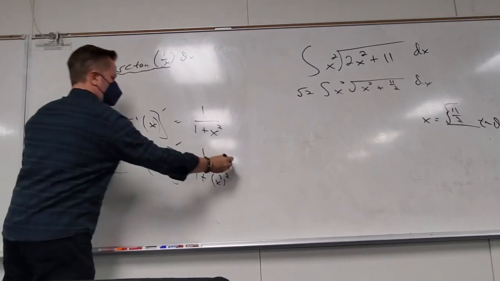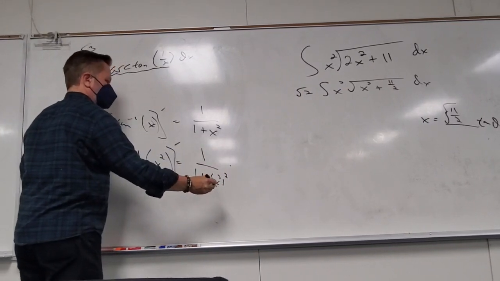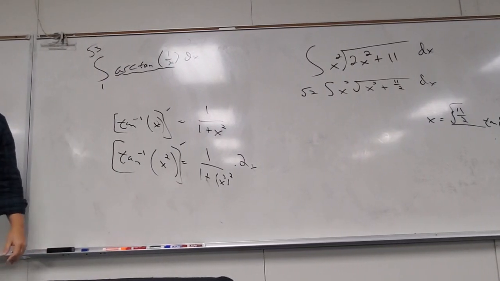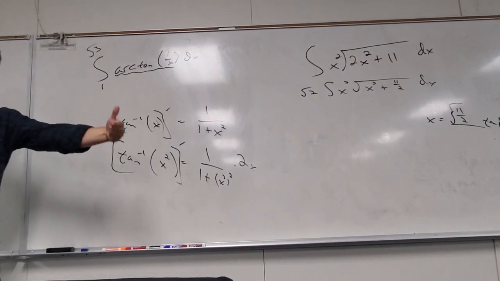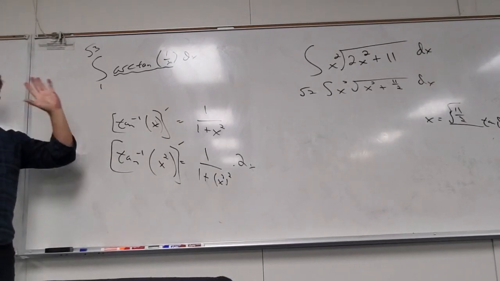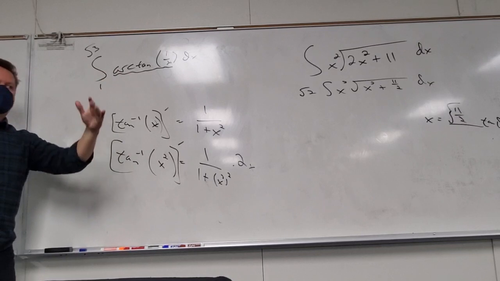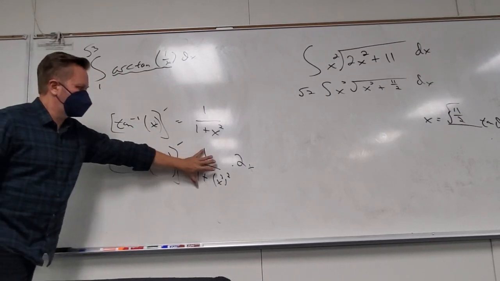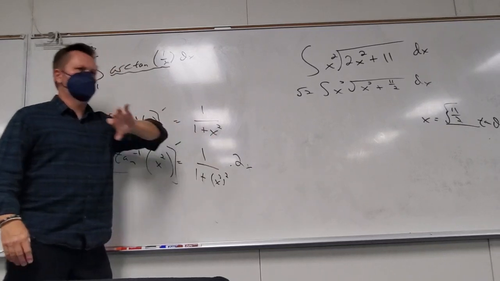Times the derivative of the inside. It's something that people don't quite get about chain rule. There's a rule for a function, and then chain rule is just always going, I'm here. And the minute the inside's more than x, chain rule comes in. Rule for the function, then chain.